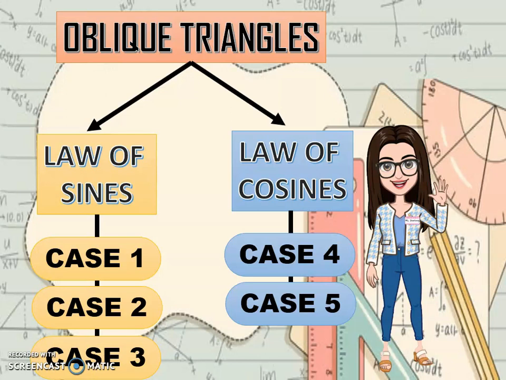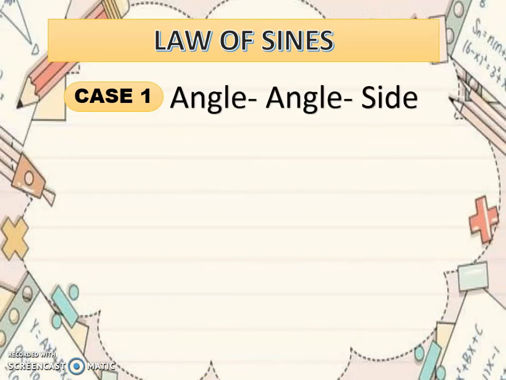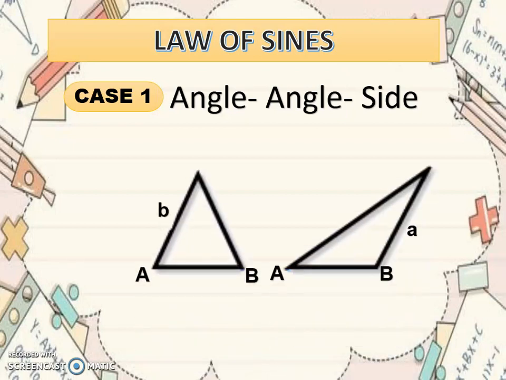So let's try to learn case 1 first. Case 1 given is angle, angle, side. You will use the law of sines in solving case 1. If the given is 2 angles and one side, and that side is opposite one of the angles, then we will use the law of sines.